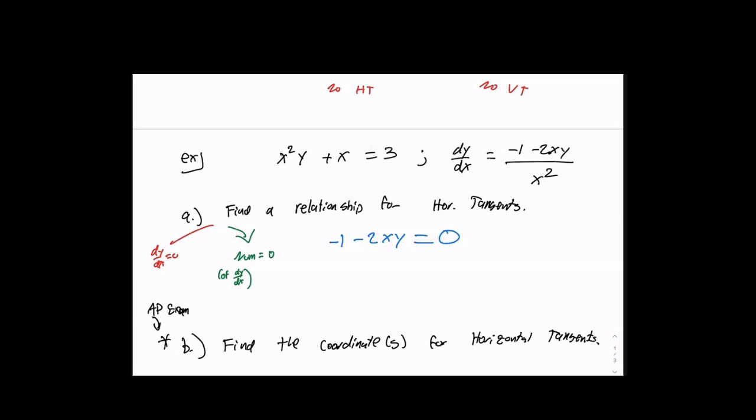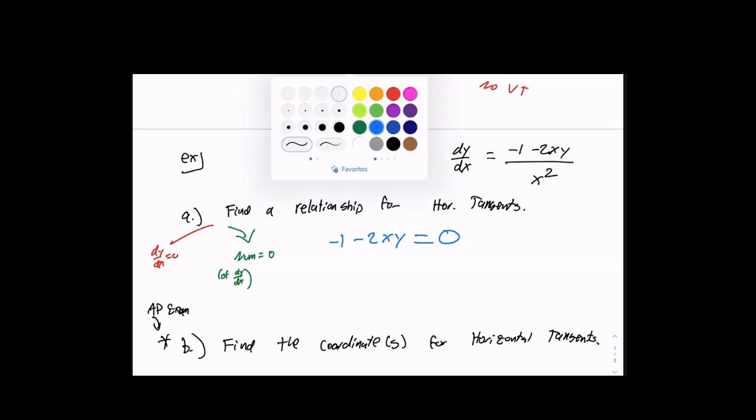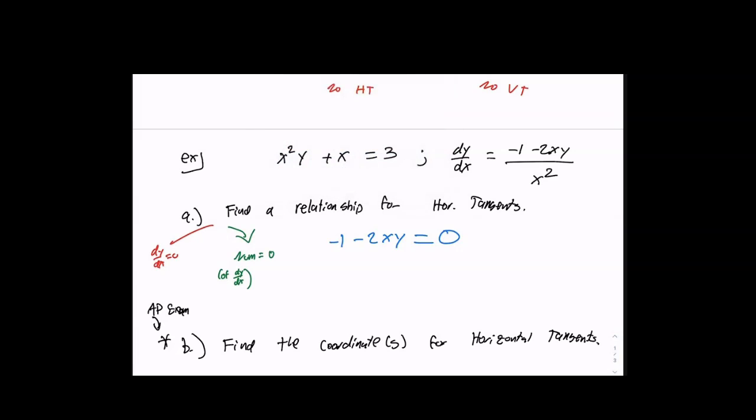In other words, solve for the one you feel more comfortable with. In this problem, it's x times y, so I'm probably just going to solve for y because that's what I typically have done in my previous math courses. So now this right here is a point on the AP exam, just by writing that.